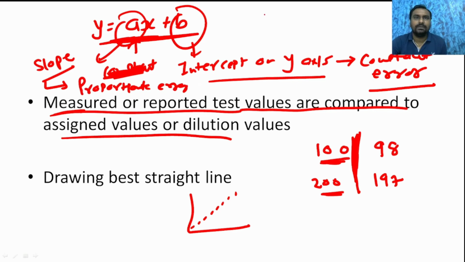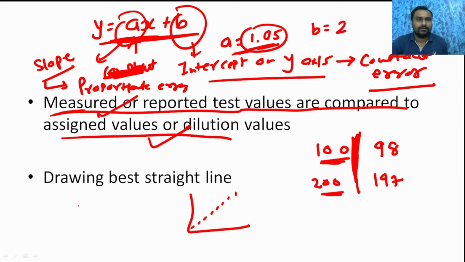Suppose the slope is 1.05, for example, that we get from the Excel sheet when we plot the two results, measured and assigned. We get the plot and the formula, where a is 1.05 and the intercept is 2.